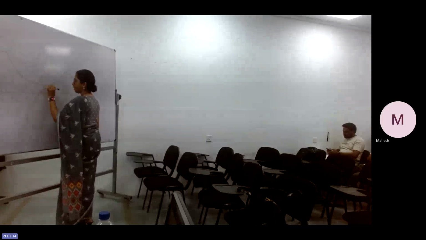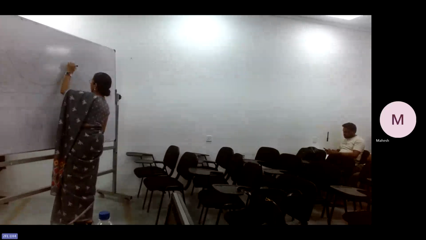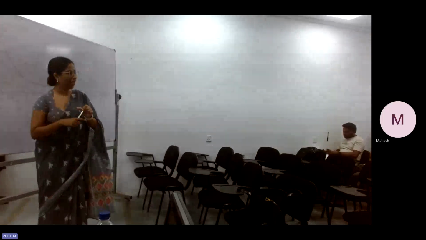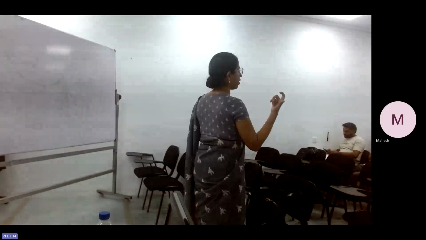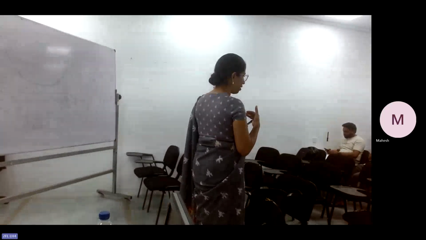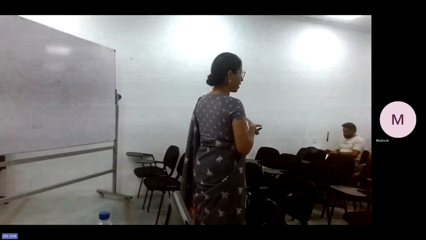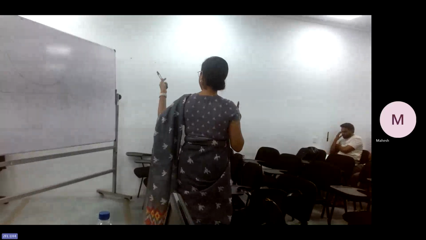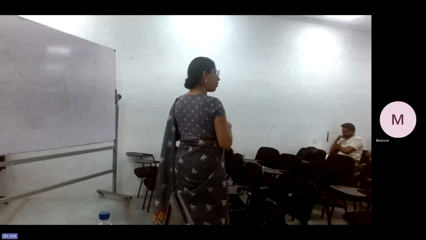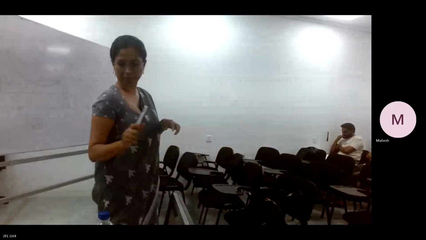The curve shape is somewhat like this, no? LAC. Right. Here, can you remember? I told you there are three returns to scale: increasing returns to scale, constant returns to scale, decreasing returns to scale. Can you show me these returns to scale in this long run average cost curve first?